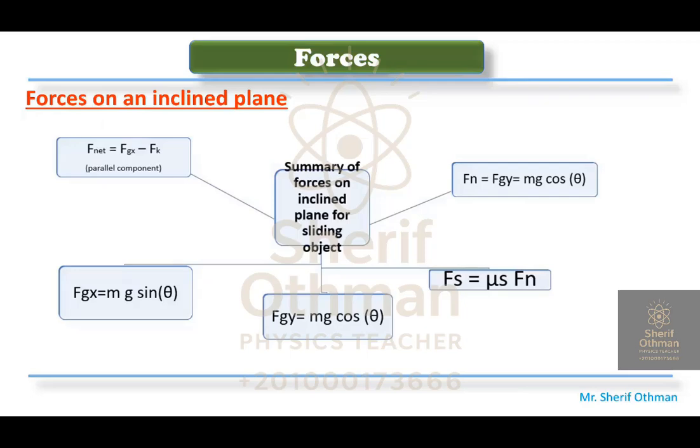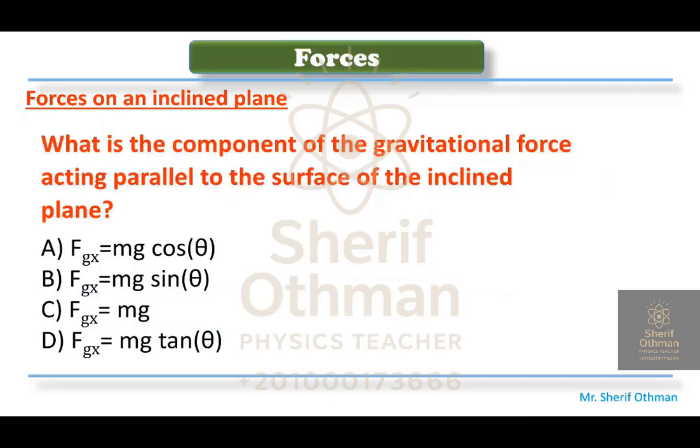The object is moving and sliding down by a net force equal to the difference between the component of the weight in the x direction and the kinetic friction force. What is the component of the gravitational force acting parallel to the surface of the inclined plane? Fgx equals mg sine theta. Well done.